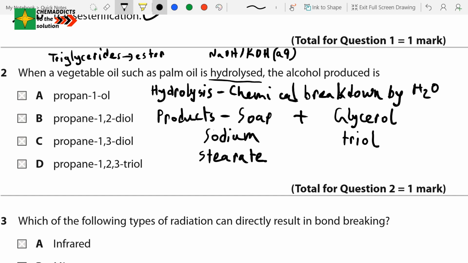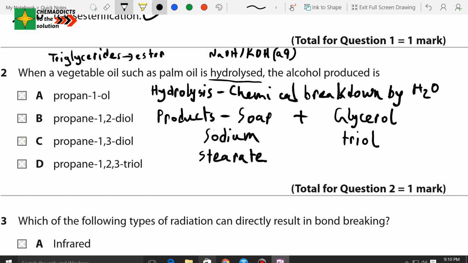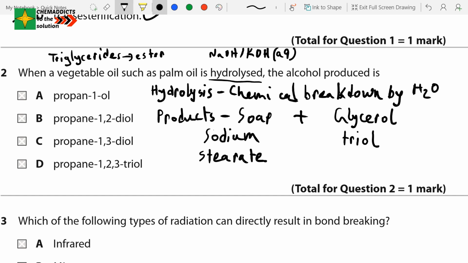Okay, now let us move on to the reaction. Let us now write the reaction between triglycerides and sodium hydroxide, and let's see what happens.